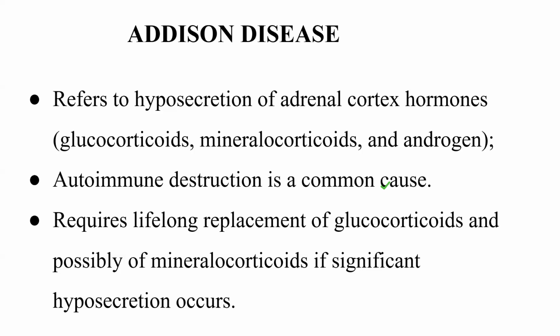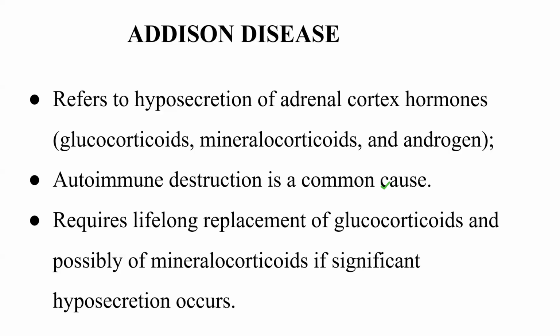Because they are broad, we have to keep the definition tied to the name itself, so we don't mix it up when we get to the examples. For Addison disease, it is low secretion of the glucocorticoid and mineralocorticoid hormones, low production.